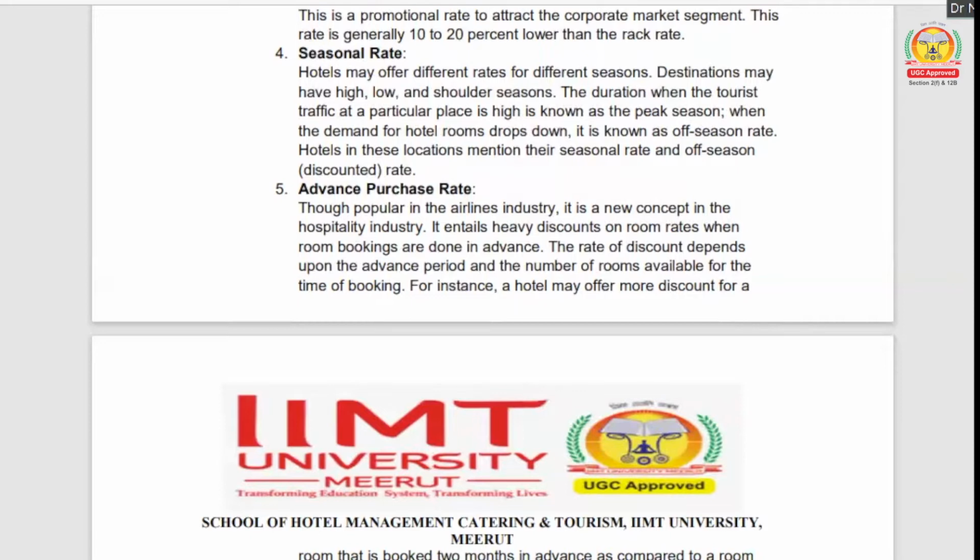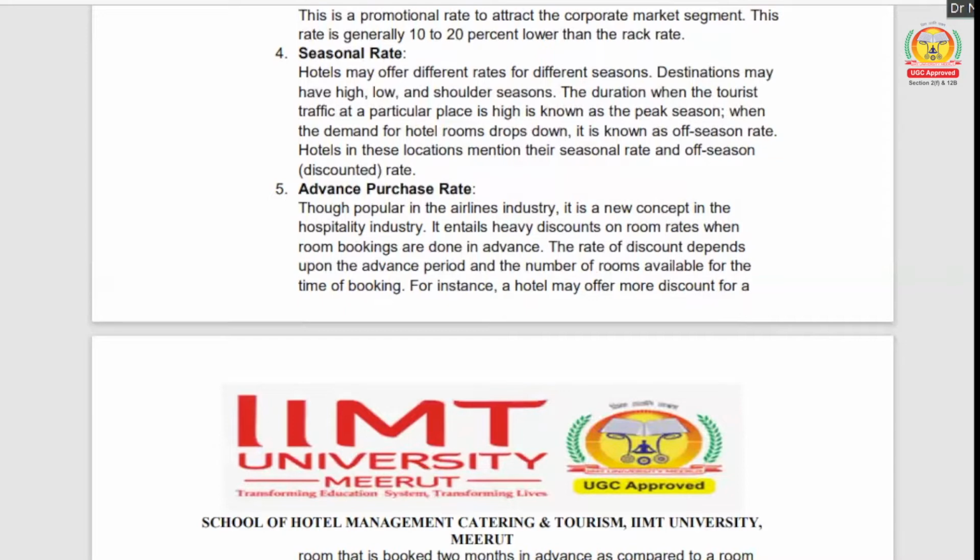The duration when the tourist traffic at a particular place is high is known as peak season. When the demand for hotel rooms drops down, it is known as off season. Hotels in these locations mention their seasonal rate and off season discounted rate. Off season you might get a heavy discount on the room rate.